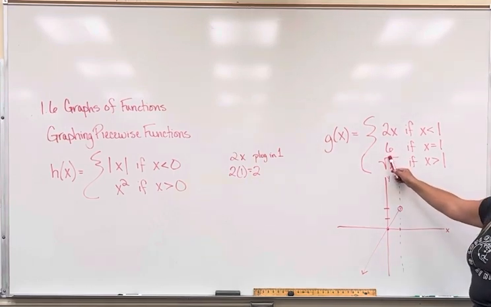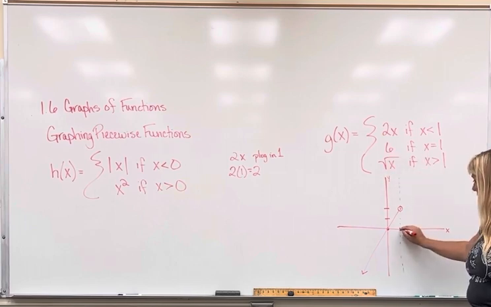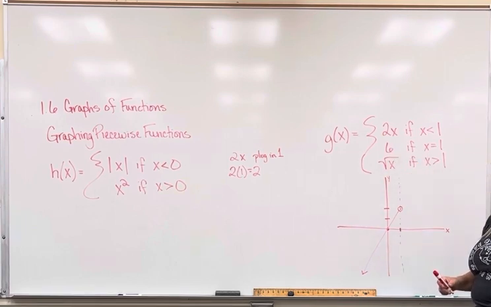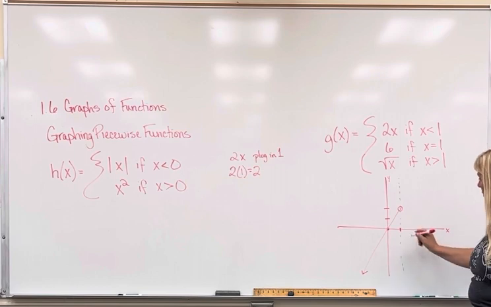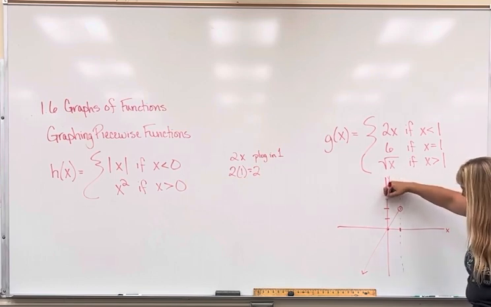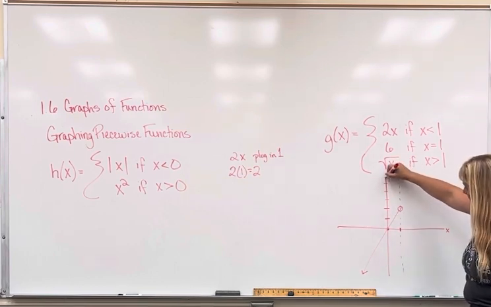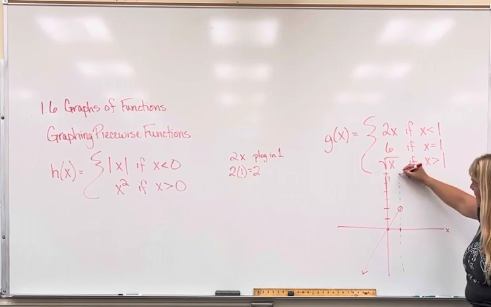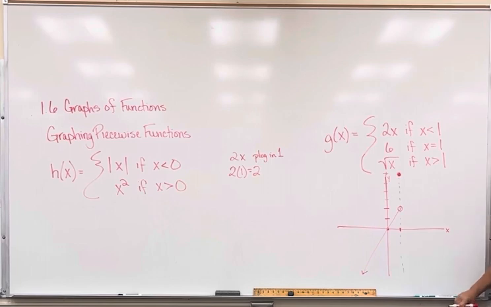The second part says that when x is equal to 1, right where we are, the answer is 6. Okay, well, right where we are, we could go up 6, 3, 4, 5, didn't leave myself enough space, 6. And we just put a point there. Okay. And then this says when x is greater than 1, we're going to use the square root of x.